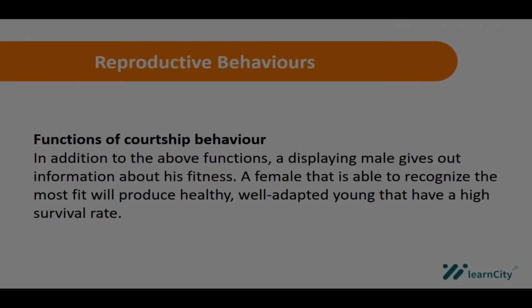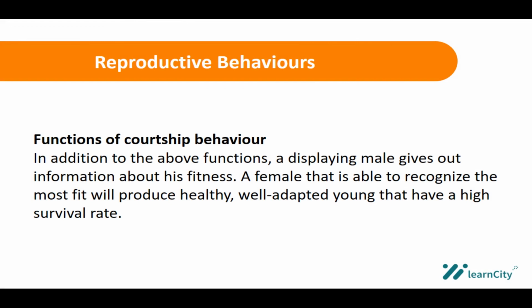Now, in addition to all of these functions, another thing that courtship behavior does is that a displaying male gives out information about his fitness to the female. So a female is able to recognize the most fit male, because during courtship behaviors, there could be several male partners indicating interest.